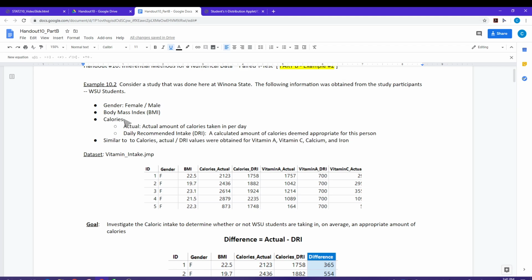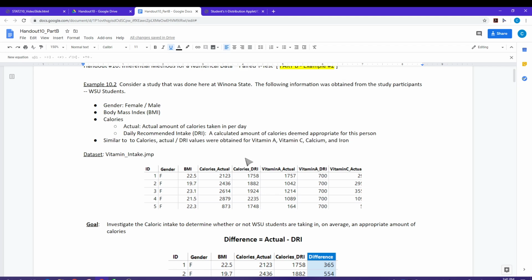We have calories. We have calories actual here, as we can see, and that's the actual amount of calories that were taken in on that particular day. We also have calories DRI, which is just the daily recommended intake. So the students that did this project were able to calculate how many calories that particular person should have been taking in.